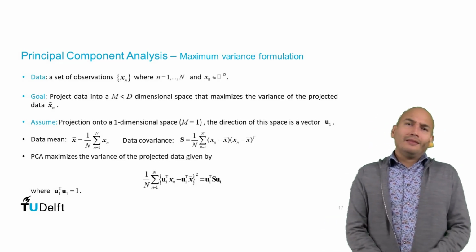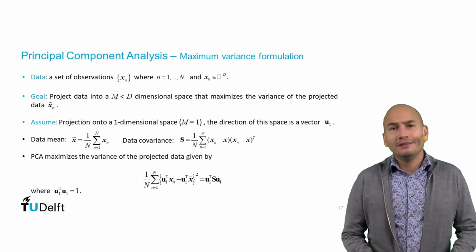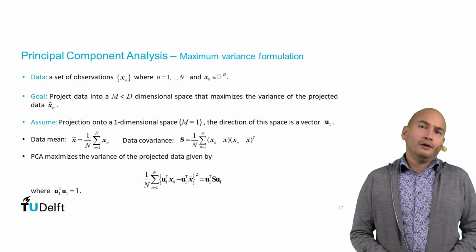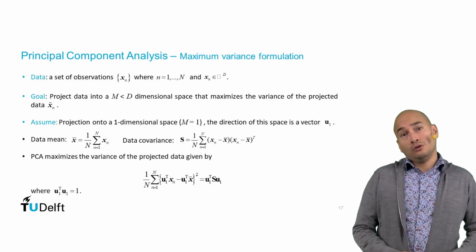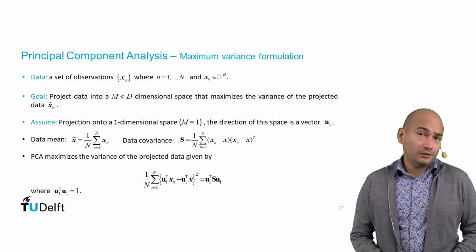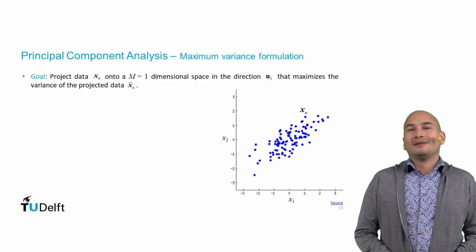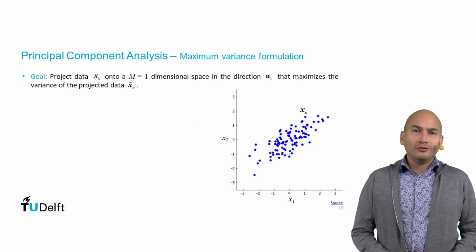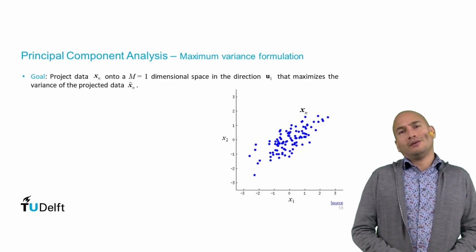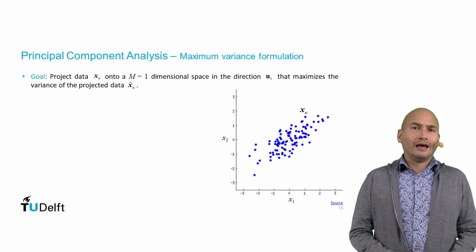With the data mean and the data covariance, we can define the goal of PCA as maximizing the variance of the projected data given by this formula, where the transpose of u1 multiplied by u1 equals 1, so that u1 is a unit vector. Now let's work together to find a solution to this maximization problem. We want to project data xn to a one-dimensional space in the direction u1 that maximizes the variance of the projected data x tilde n.